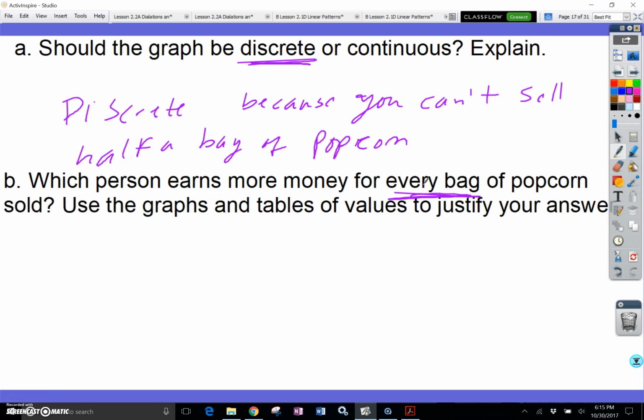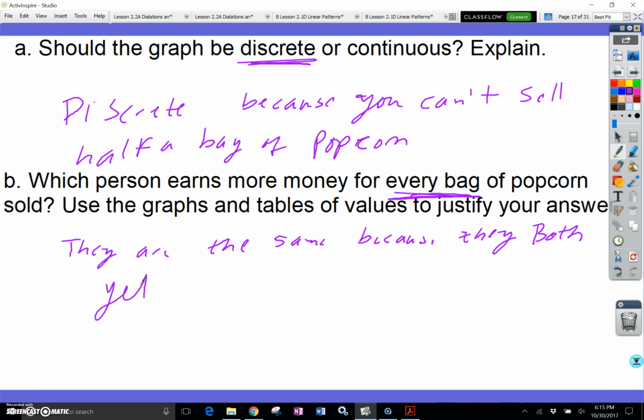Therefore, they are the same, because they both get $2 for one bag of popcorn.